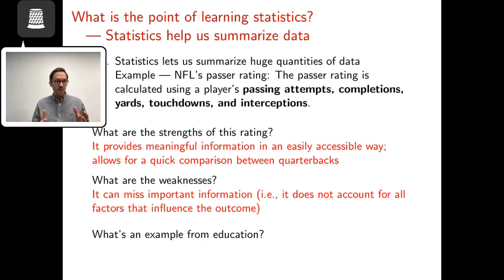For example, how often the ball is dropped by a receiver, or weather conditions, or injuries that they might have. There are lots of other variables that additional statistics could account for and create a more robust measure. So it has some strengths, but it has some weaknesses. The strength being it collapses lots of information, the weakness being it doesn't account for everything.